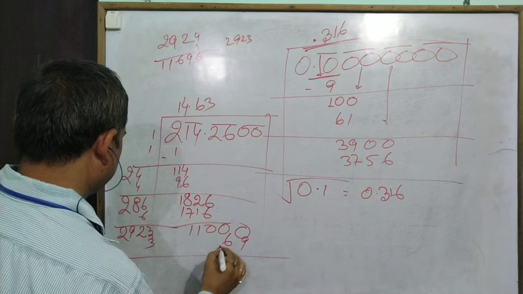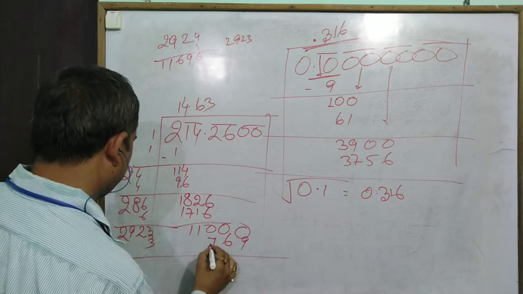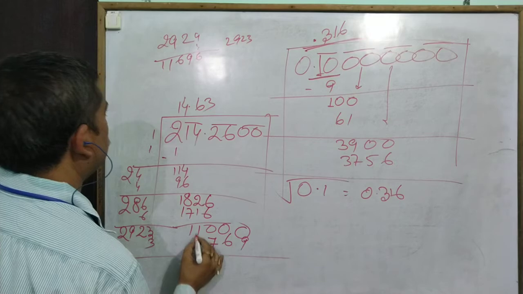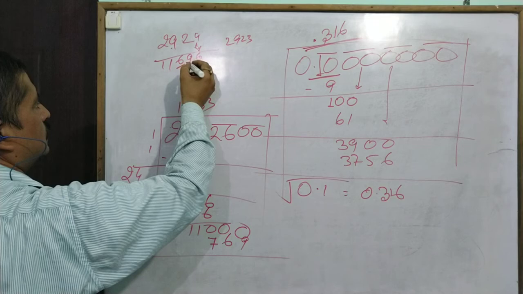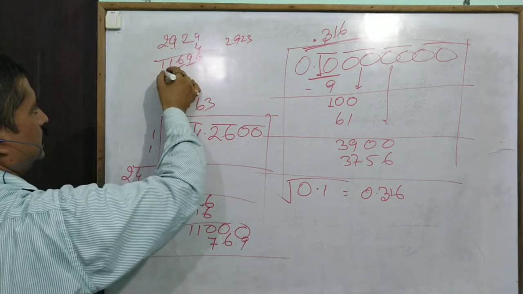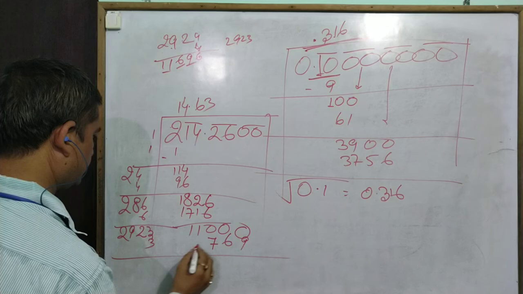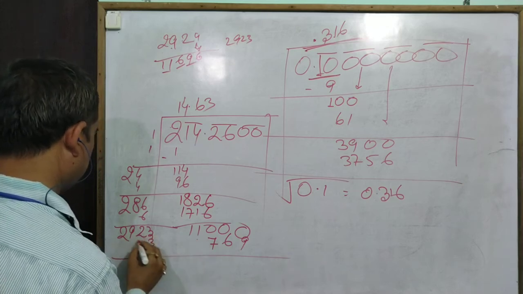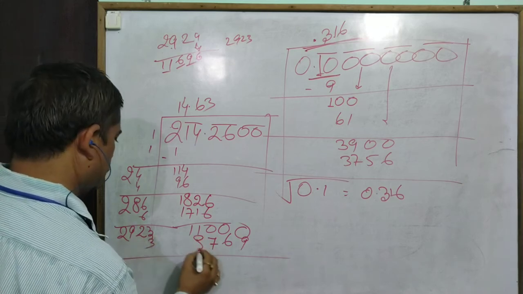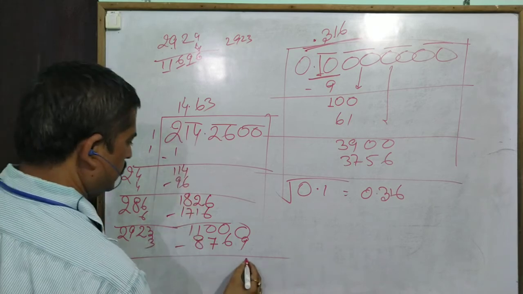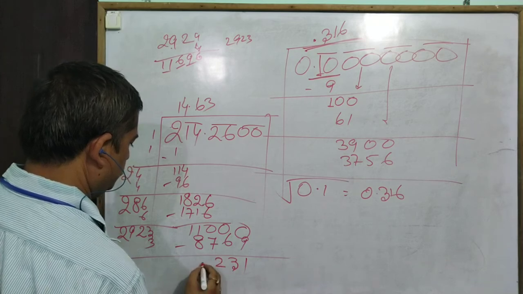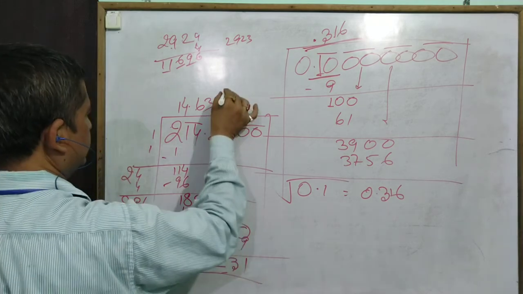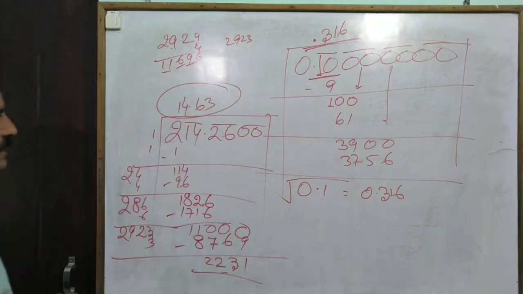This is a 9, 2 is 6, 2 is 6, 9 is 27. So this answer, 14.63, is the square root of that number.